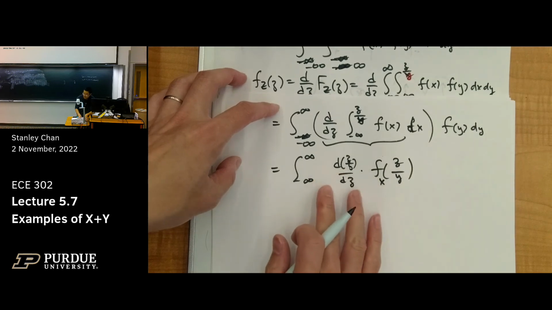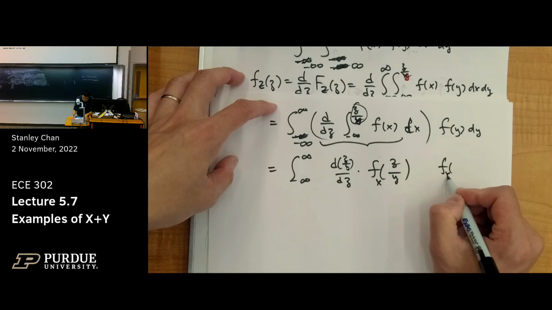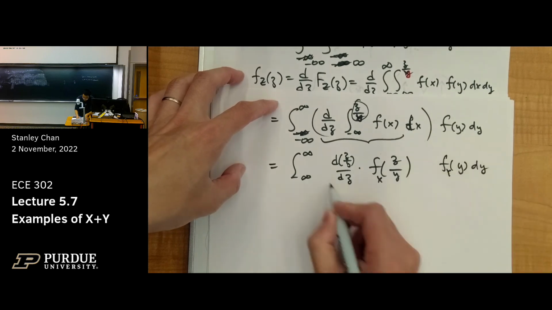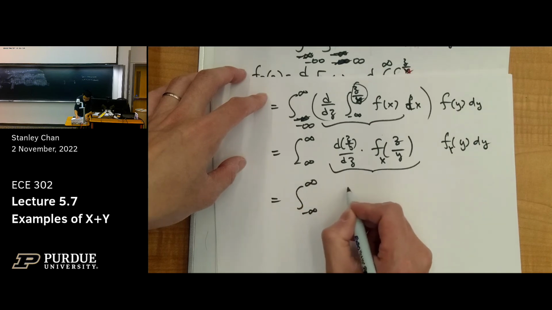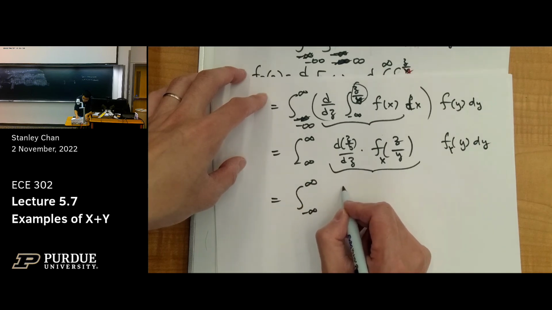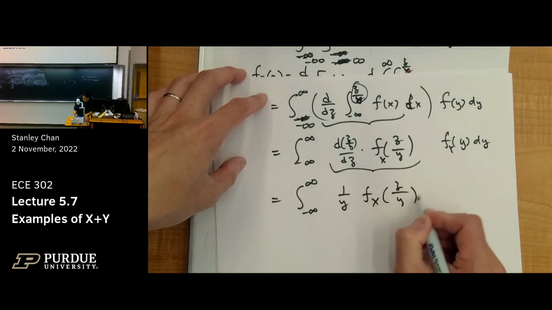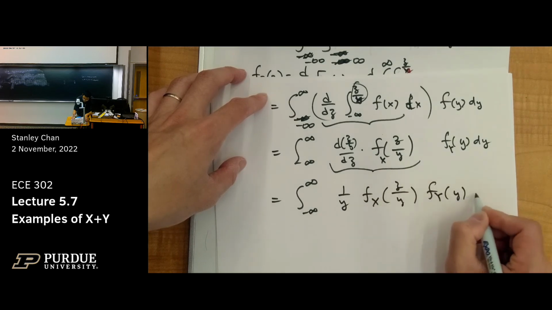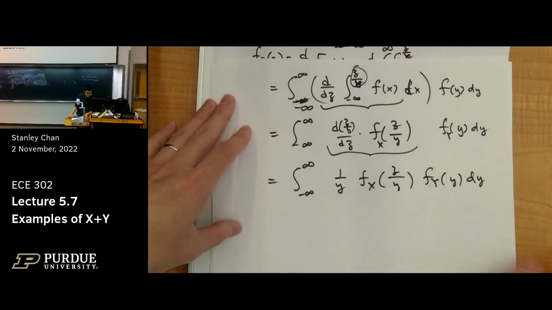So there's a chain rule that goes into this thing here. And then there's fY of y, dy. Now what is this? This is just the integration of 1 over y, and then fX of z over y, and then fY of y dy. Okay, wonderful. So I have this result.